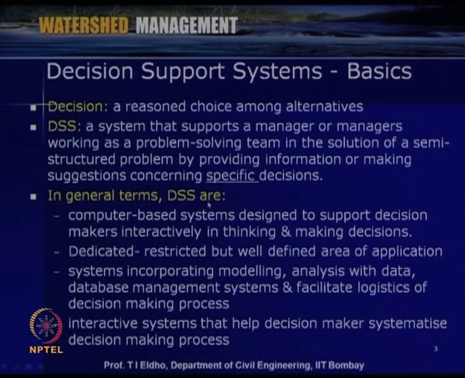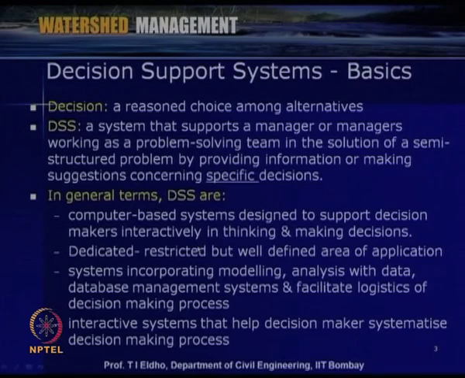Out of that, the decision maker has to make a specific decision, this is the particular thing which he has to do. This can be a single manager decision or a group of managers taking the decision as a team. A decision support system means it is a semi structured system which helps the decision maker to take the specific decision or decisions. In general terms, decision support systems are computer based systems designed to support decision makers interactively in thinking and making decisions.